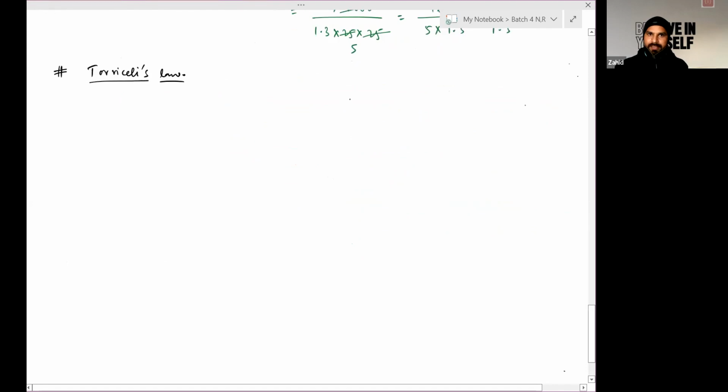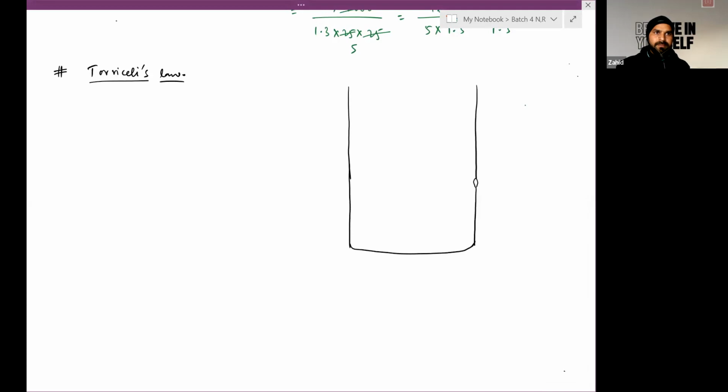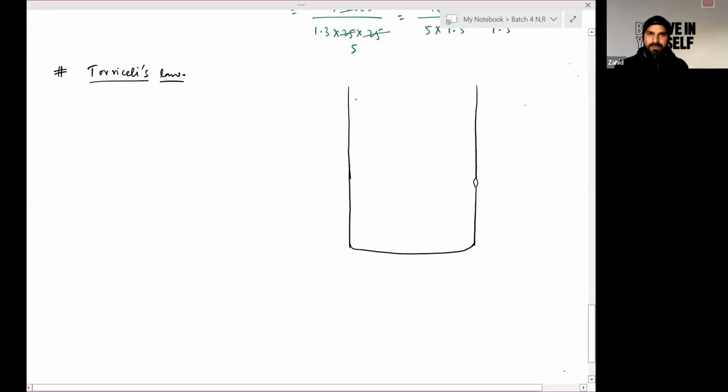Suppose you have a tank in which liquid is filled and there is a hole at some depth. Suppose liquid in this particular tank is up to this point.